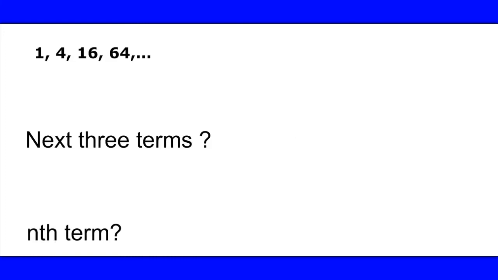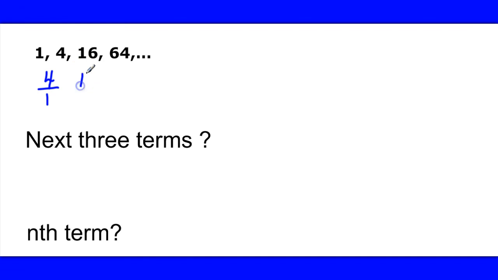In this particular case, we look first to see if maybe it's an arithmetic sequence. So this would be plus 3, plus 12. No, we know that's not it. So now let's see if we can multiply or divide. Here, I can times 4, times 4, times 4. An easy way to do this is to work backwards. Take the second term and divide it by the first term.